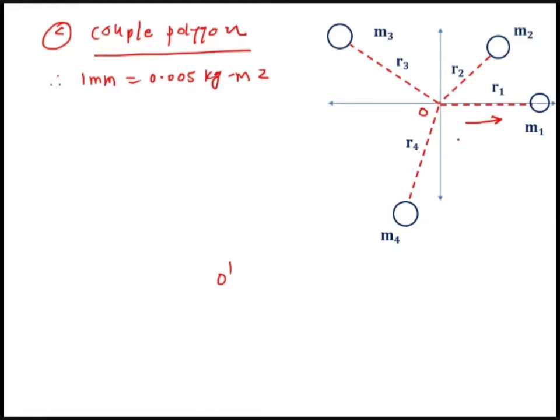So it will act opposite to this OM, that is in the radially inward direction. Okay. So mark this point O dash, and from O dash, parallel to OM1, draw a line.